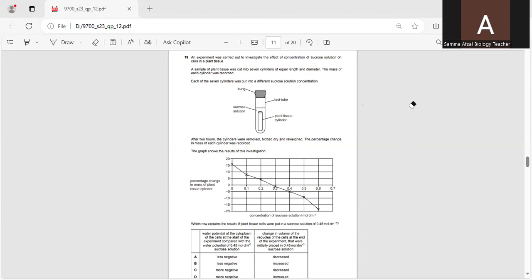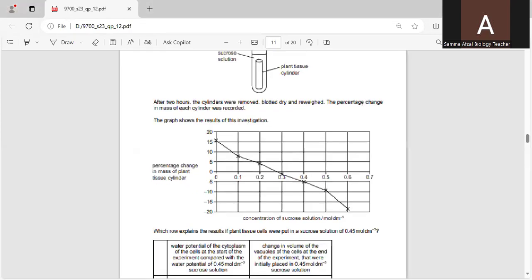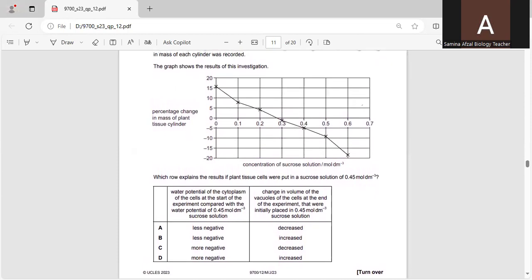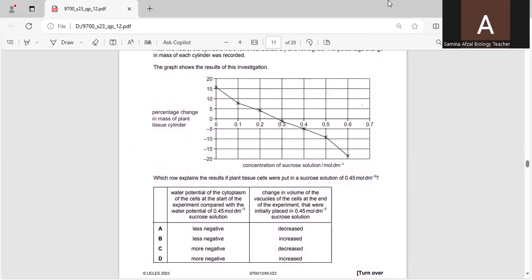and they have shown us a graph. The graph shows the results of this investigation, and we have to find which row explains the results if plant tissue cells were put in a sucrose solution of 0.45 molar. 0.45 will be here, so it will be here, and we will draw in this way.